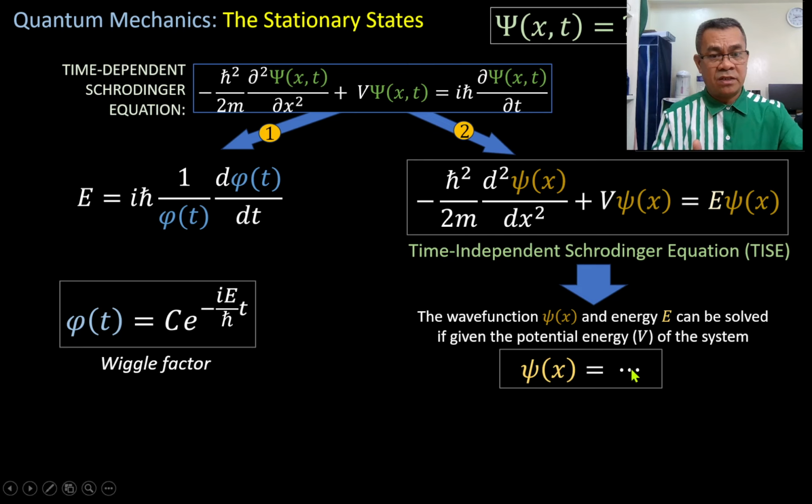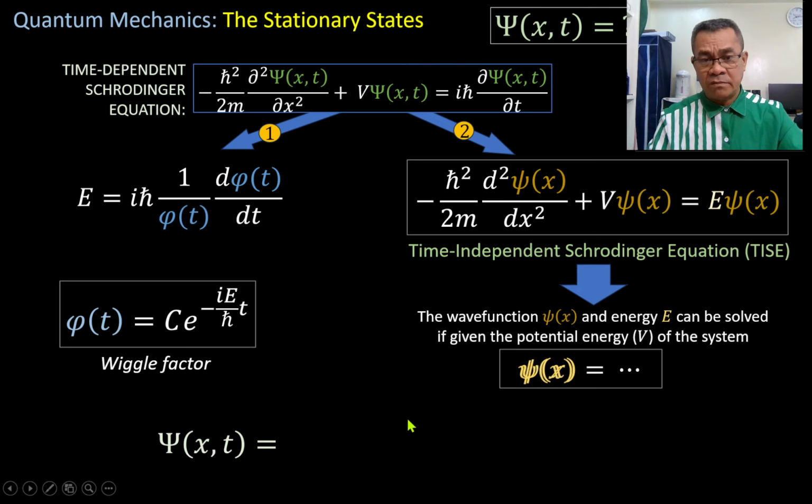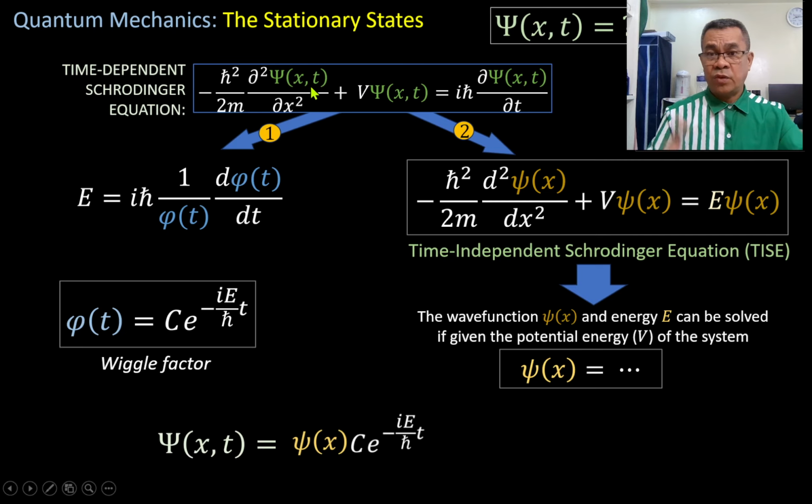So assuming this is now the psi. So therefore, the big psi now can be solved because we have this psi x and we have to attach the wiggle factor. So this is now the position and time dependent wave function in the Schrodinger equation. We are able to solve the wave function because of the assumption of having a separable system, or the system is in a stationary state.